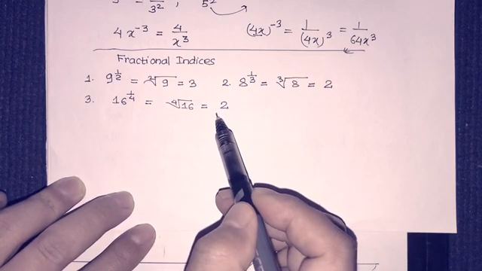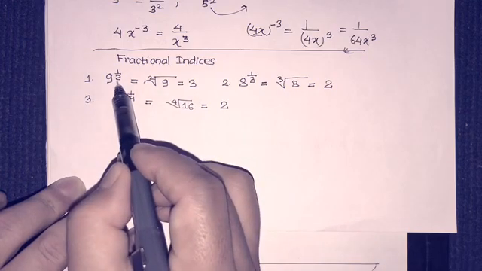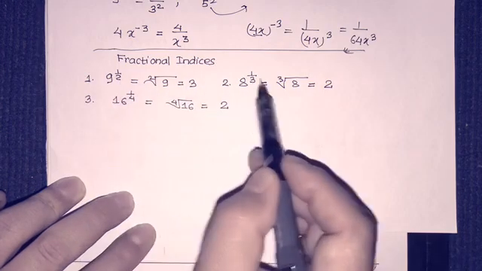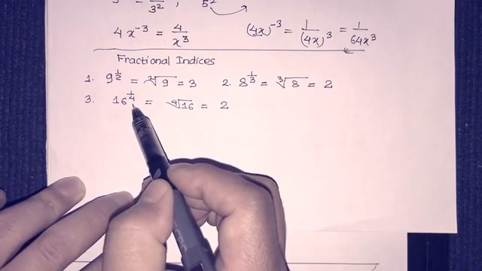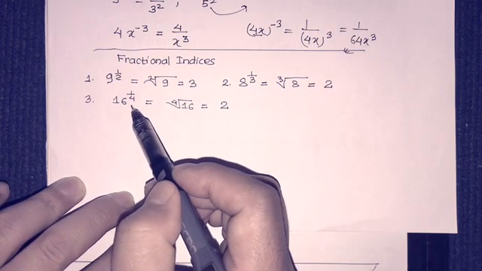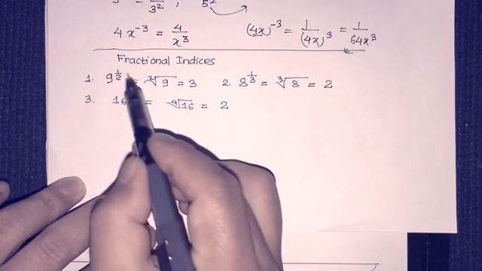Hopefully you can see the denominator is the root of the number. This is 2, square root, this is 3, cube root, this is 4, that is fourth root. Okay, and above these are the cases of having numerator 1.